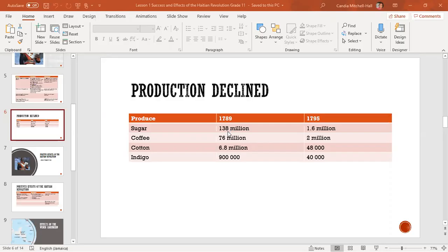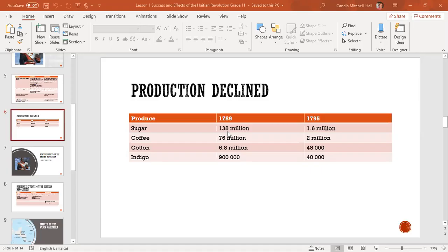Cotton, 6.8 million. Indigo, what they used to make dye, 900,000. But by 1795, which is about 4 years after the revolution started, production had declined.